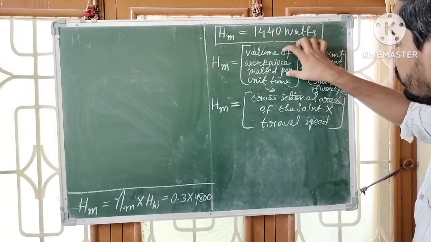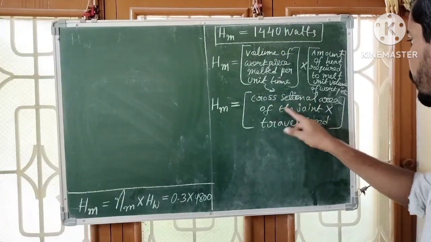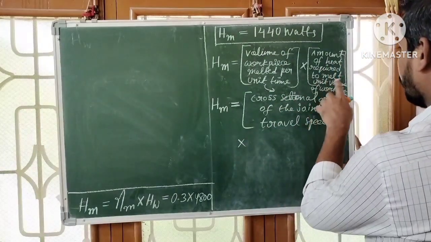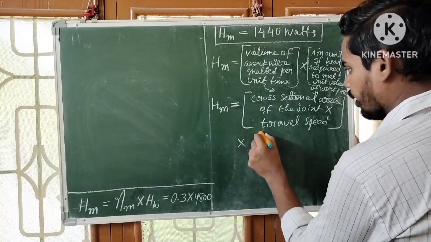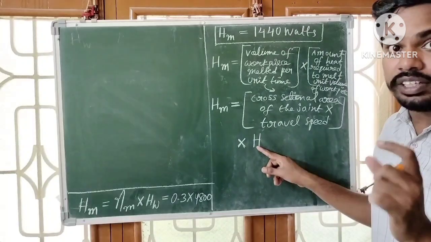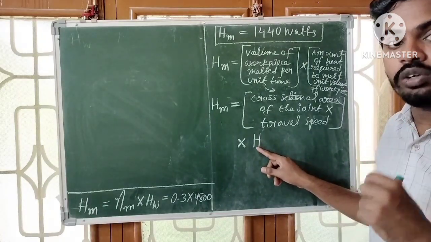So in place of this we can write this. So cross-sectional area of the joint into travel speed into the amount of heat required to melt a unit volume of workpiece is capital H. So capital H already given in the question. So amount of heat required to melt the material is given 10 joules per mm cube.